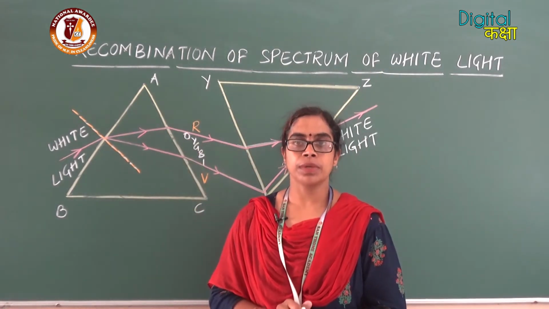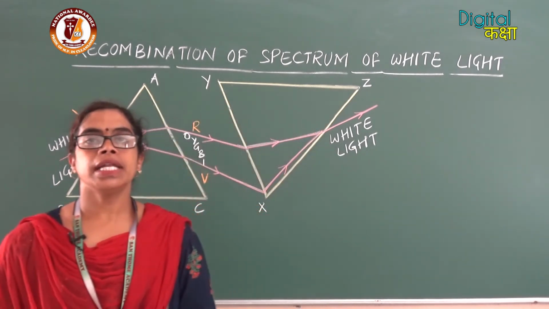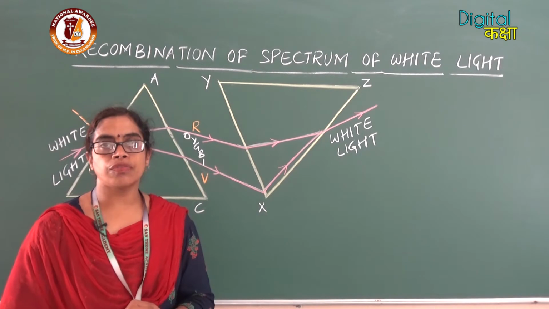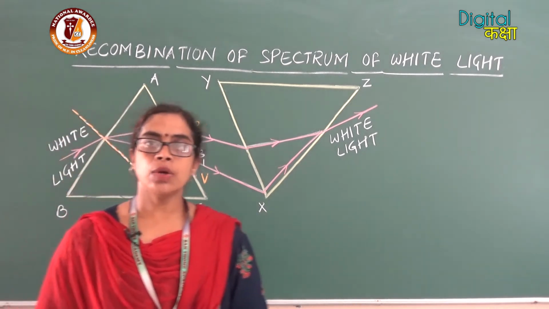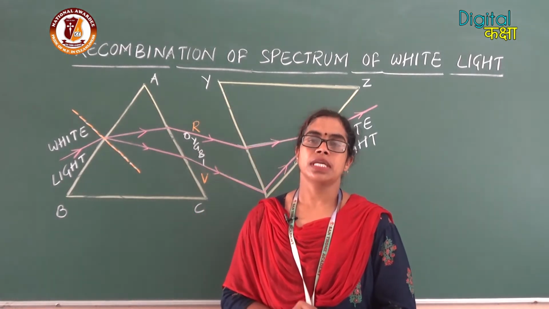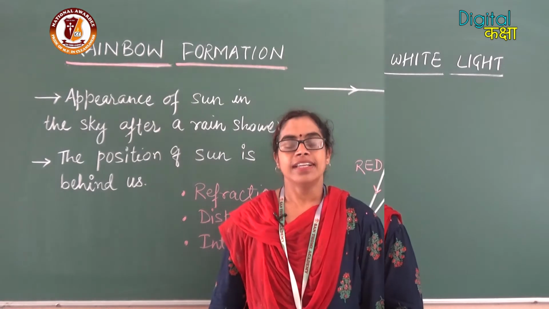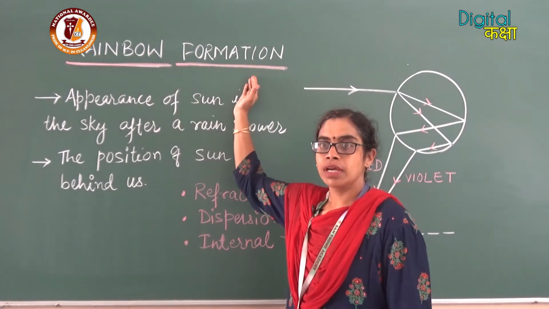From this experiment, Newton concluded that sunlight is composed of the 7 colors, that is violet, indigo, blue, green, yellow, orange and red. Let us now know about rainbow formation.